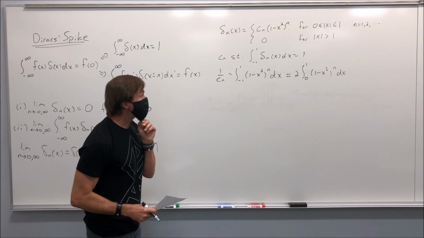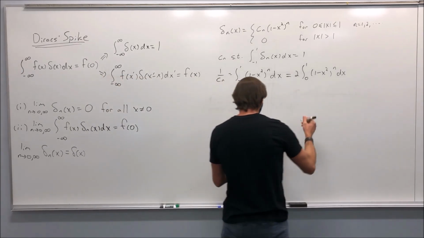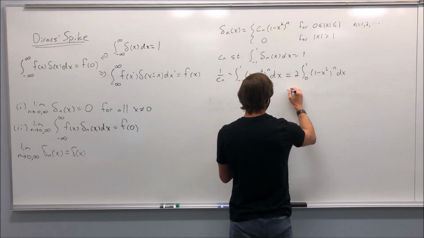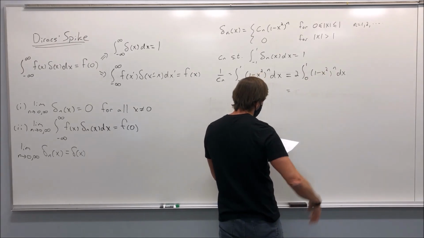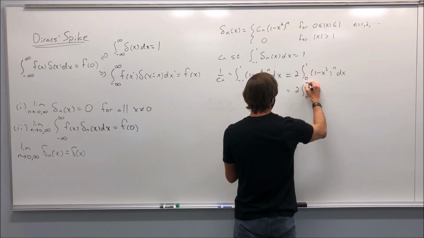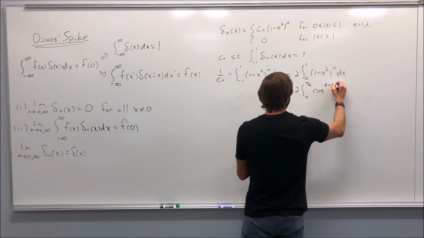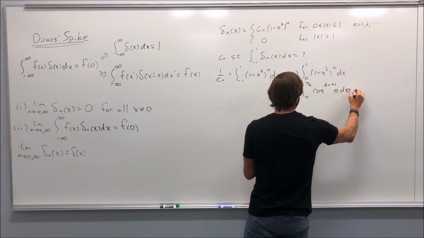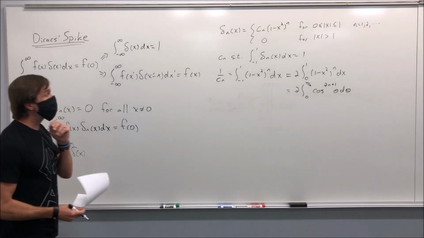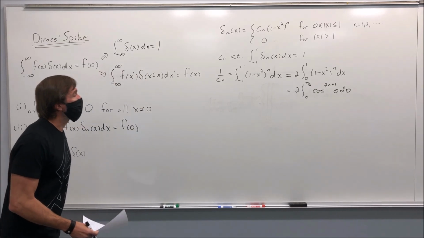We can go ahead and simplify this a bit by replacing x with sine of theta. And if we replace x with sine of theta, dx becomes cosine theta d theta. And then we can use 1 minus sine squared theta as cosine squared theta, and this simplifies to 2 times the integral from 0 to pi over 2 of cosine to the 2n plus 1 theta d theta. Where again, n takes the values from 1 to et cetera.